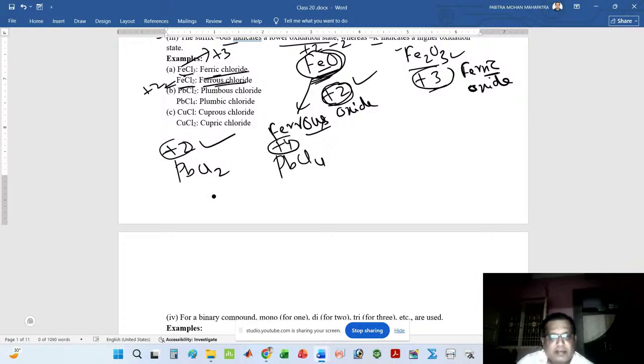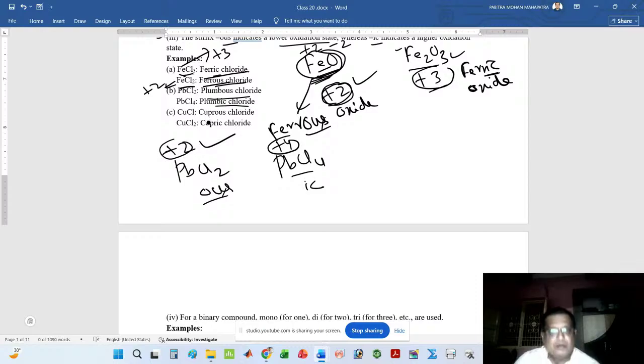So in the name of this compound, you must use the -ous word. Next, for naming the PbCl4, you generally use the -ic word. Now look at that. Here PbCl2 means plumbous chloride. Here PbCl4 means plumbic chloride.